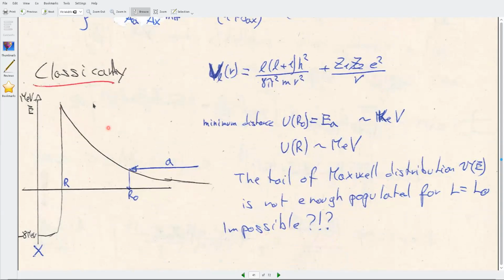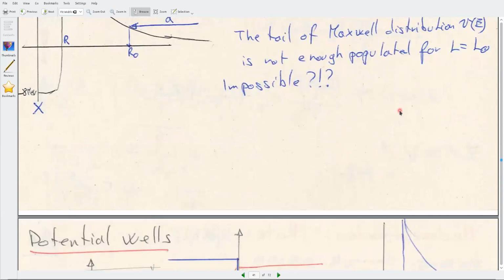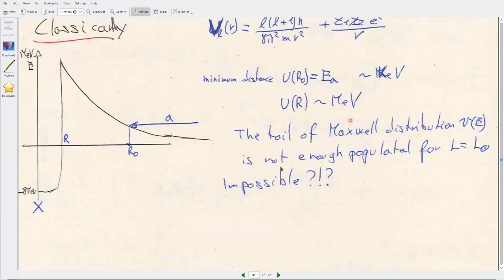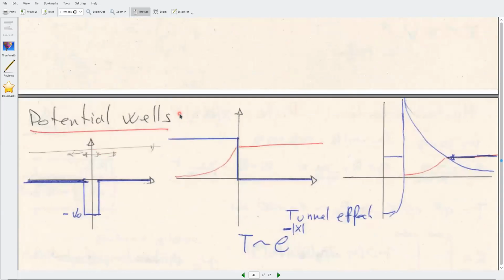Even if a particle can enter, once it is here it can also go outside, because it does not have enough energy to stay inside and fuse with another. So how is this possible? It should be impossible to have a nuclear reaction. In fact, it was thought at the beginning that nuclear reactions in the sun were not possible for this reason. But quantum mechanics says something different.